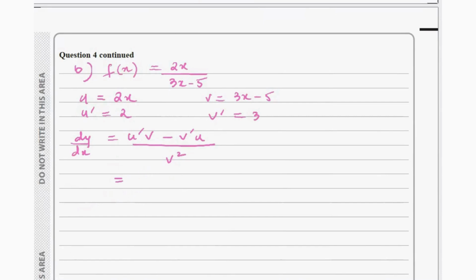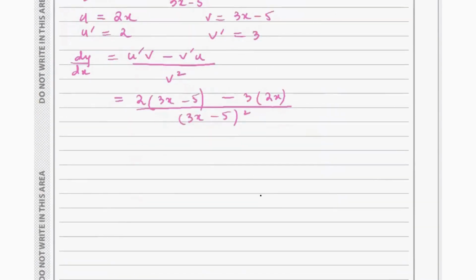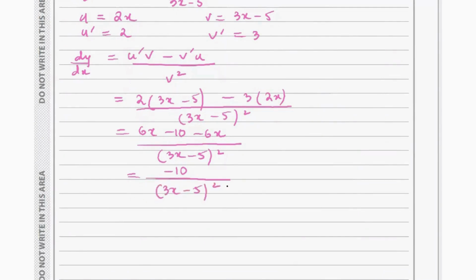So u derivative is 2, so 2 times 3x minus 5 minus 3 bracket 2x over 3x minus 5 squared. That's going to be 6x minus 10 minus 6x over 3x minus 5 squared, which is negative 10 over 3x minus 5 squared. This is our first derivative.